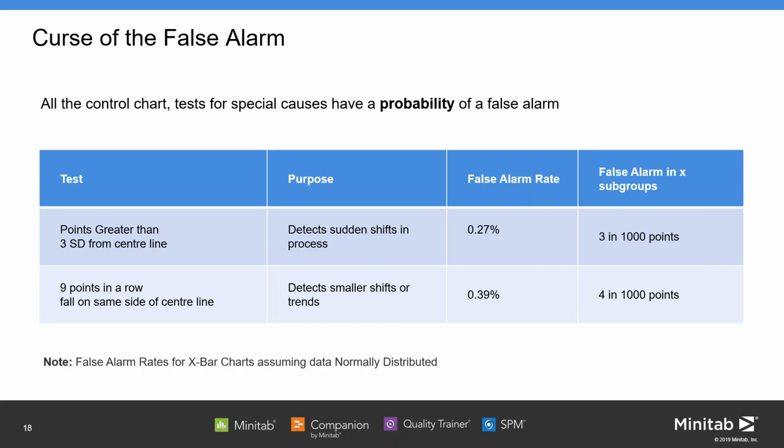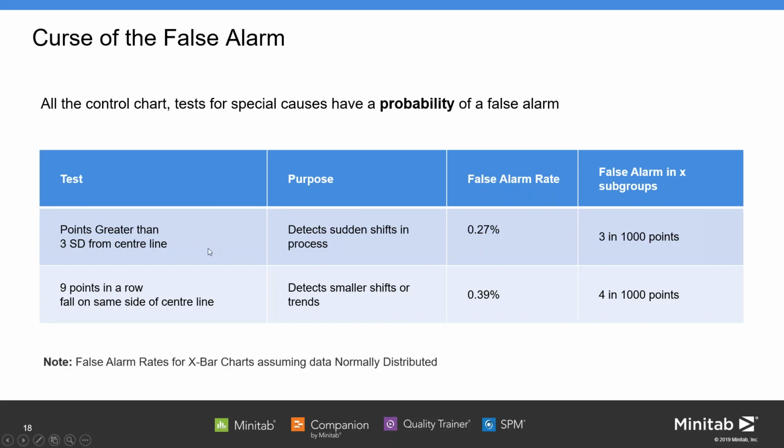The first one is points more than 3 standard deviations from the center line. So these are the points where the observation is either above the upper control limit or below the lower control limit. Its purpose is there to detect sudden shifts in the process.